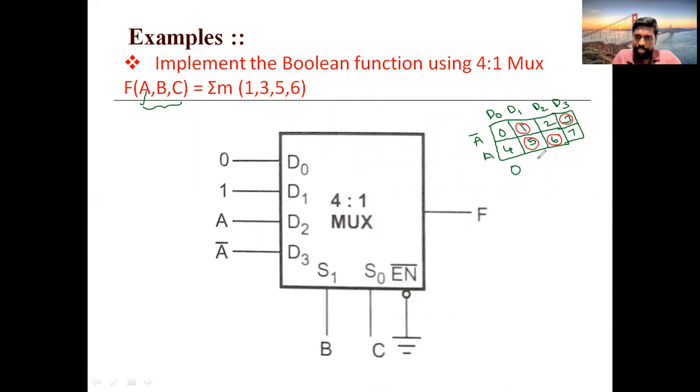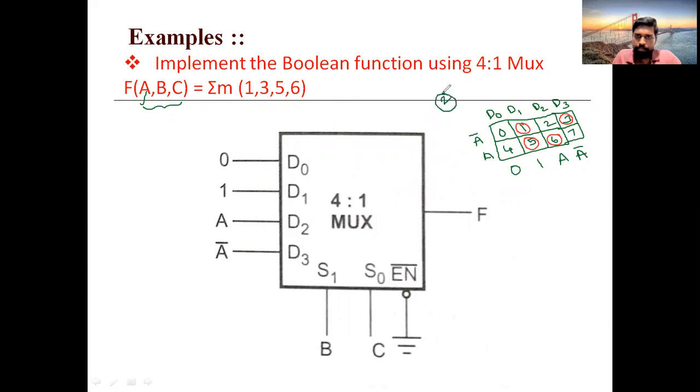When both are circled, it is 1. When any one of it is circled, take the answer of the circled one. So take A. And here you will get A bar. So the answer is 0, 1, A bar. So this is the second step.